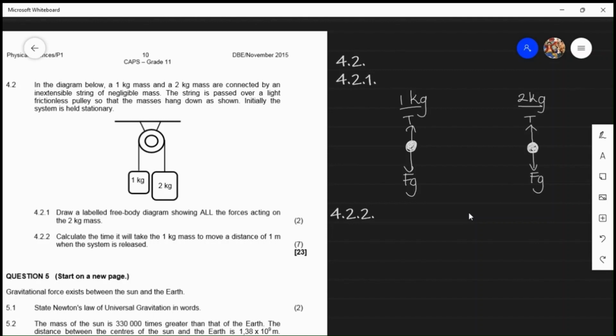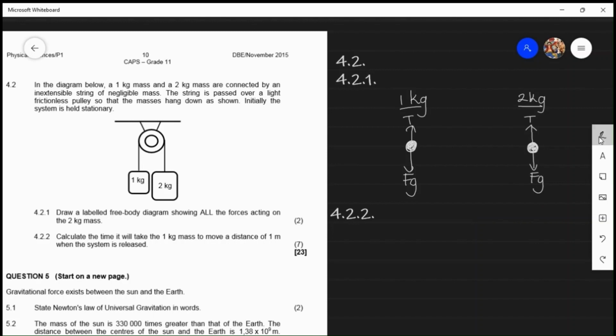Because it has a greater force pulling it down, the 2 kg mass is going to move downwards, whereas the 1 kg mass will move upwards, because they are connected by a string, which means that if one was to move down, the other would have to move up as the string would not stretch.